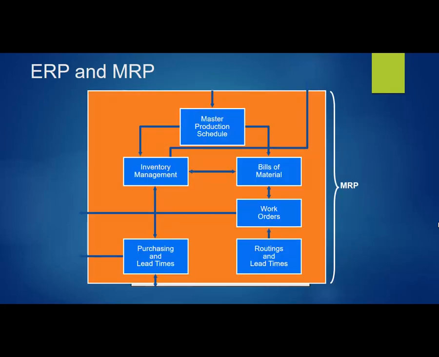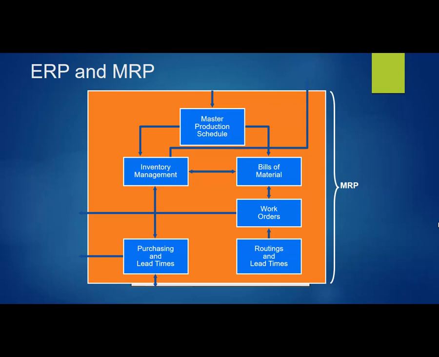This shows the architecture of the MRP system, which includes the master production schedule. As we said before, this is the old system that was built before, but what we did was add features, tools, and techniques to assist in the flow of material, the flow of information, and the flow of transactions.